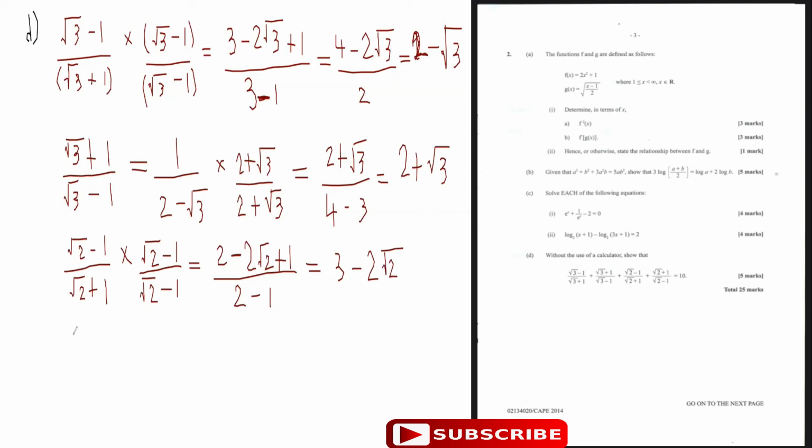And so now finally I need to work out what is root 2 plus 1 over root 2 minus 1. We know that this is just the reciprocal of the previous one, so this is just 1 over 3 minus 2 root 2.